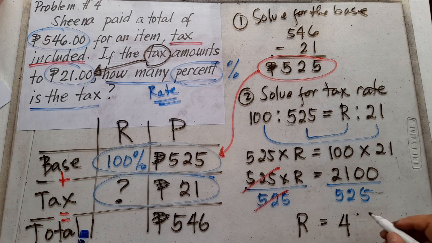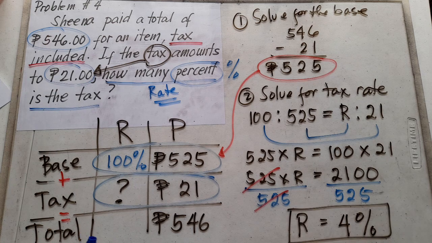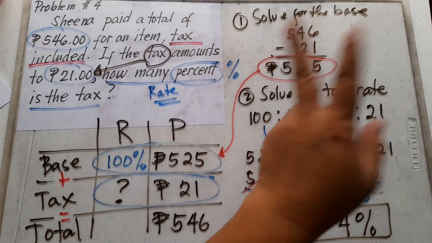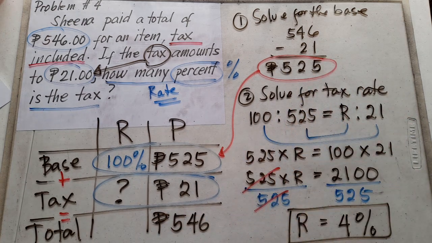Dahil yan ay rate, we need to have percent sign here. So, yun yung sagot. Hindi tayo nag-move ng decimal point. We did not change percent to decimal, then decimal to percent. Diretso tayo kasi ang ginamit natin ay ratio and proportion. But if you are going to use formula, hindi ninyo pwedeng gamitin yung rate as is.